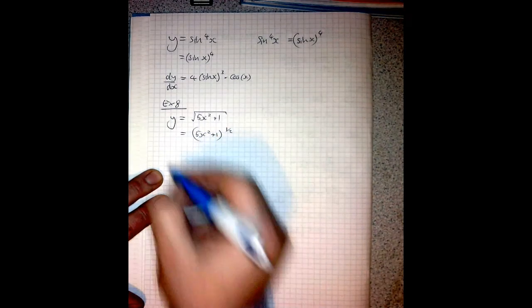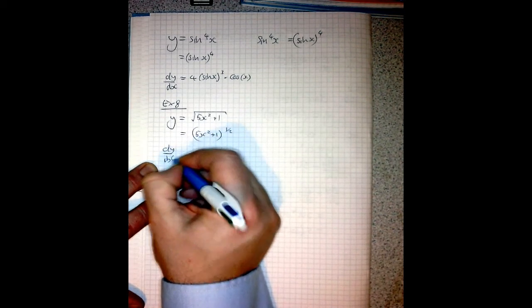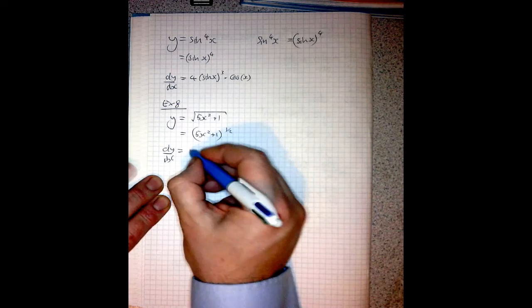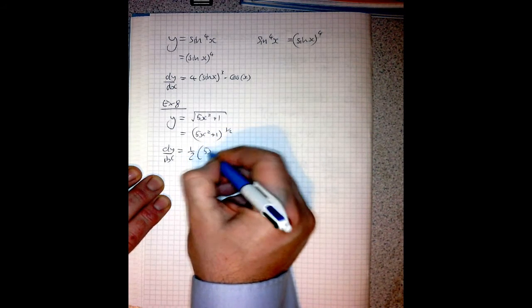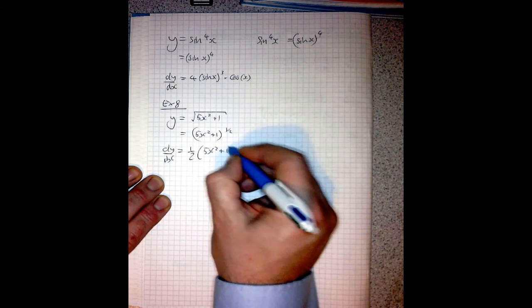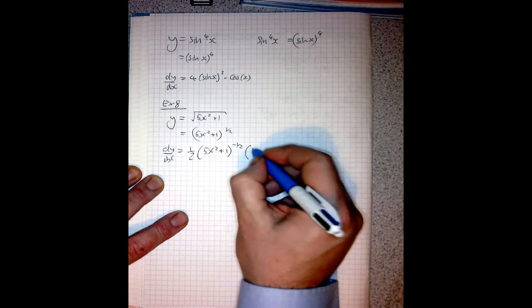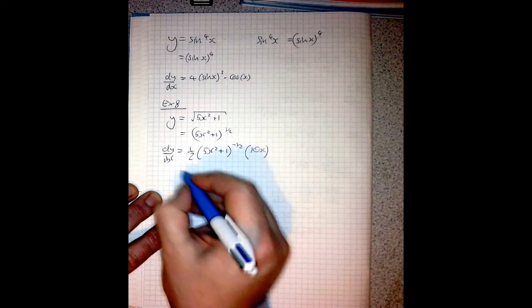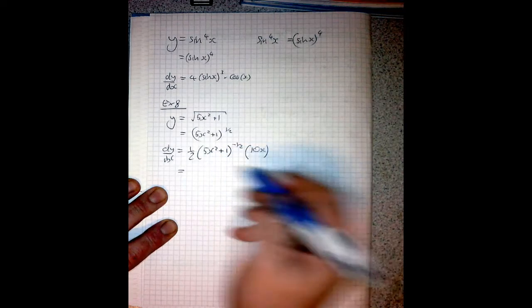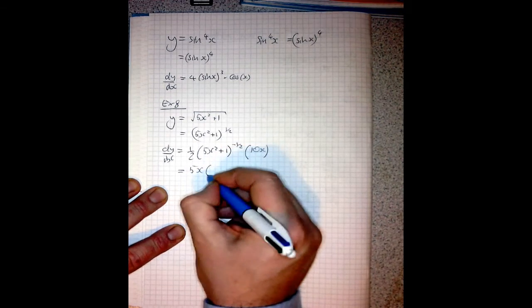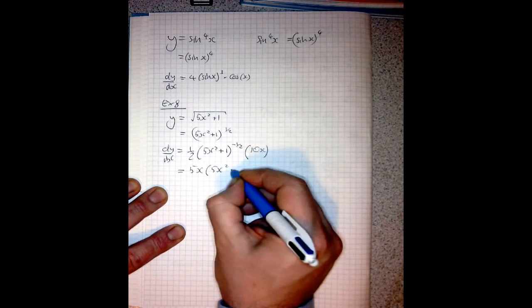So dy dx, differentiate the whole bracket, half times (5x squared plus 1) to the minus a half, multiplied by the derivative of the bracket, which will just be 10x. And we'll just tidy that up because, of course, a half of 10x is 5x. So 5x times (5x squared plus 1) to the minus a half.